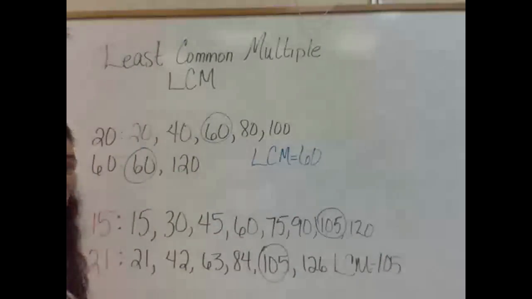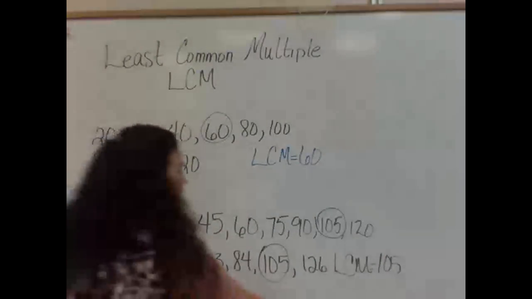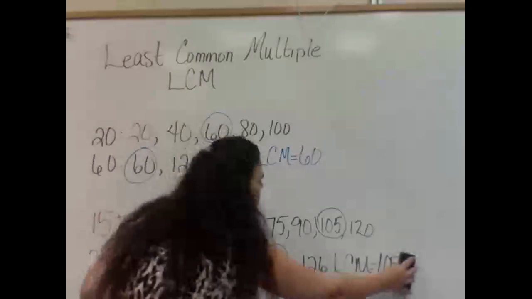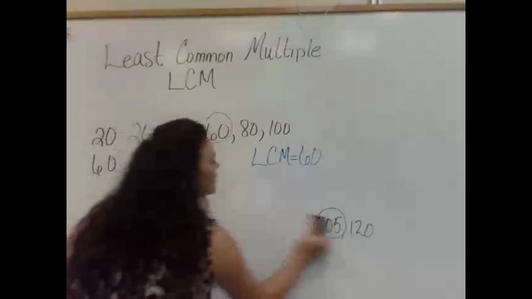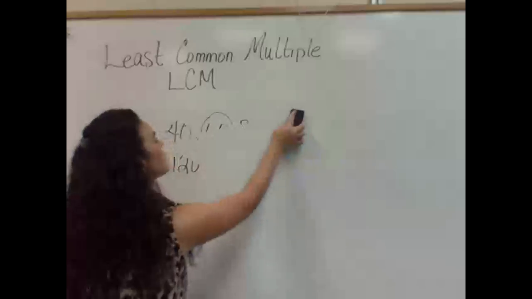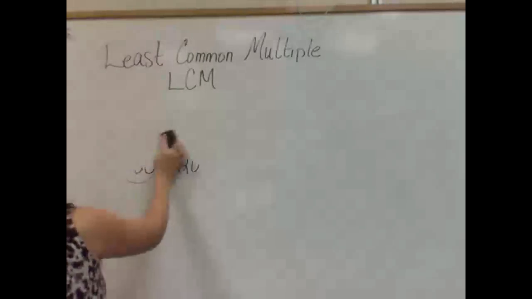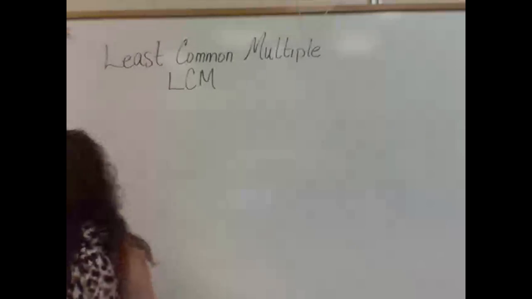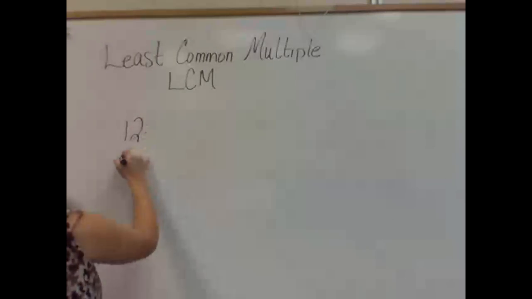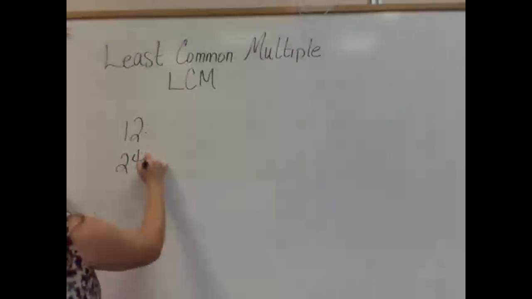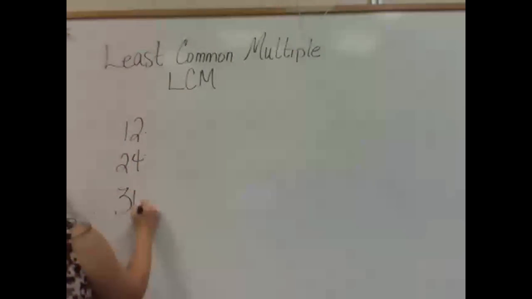Okay? Now, we're going to do one more, but I need to erase these first. And we're going to do three numbers this time, not just two. So we're going to find the least common multiple between three numbers. So let's look at 12, 24, and 36.